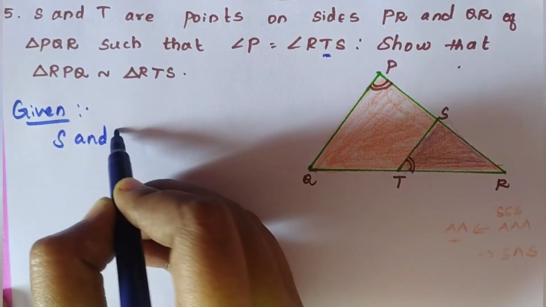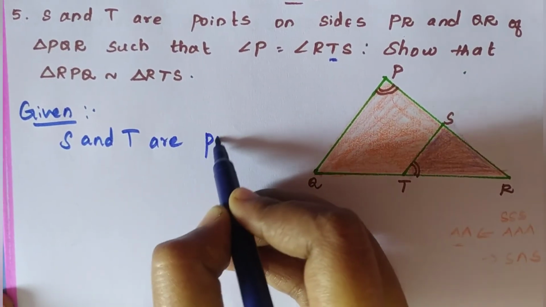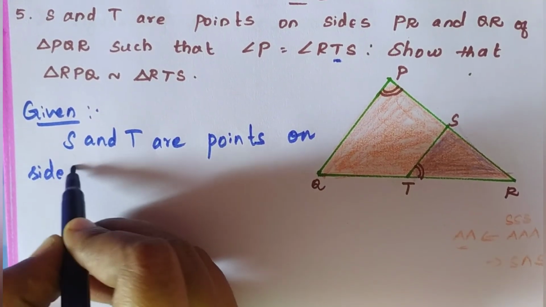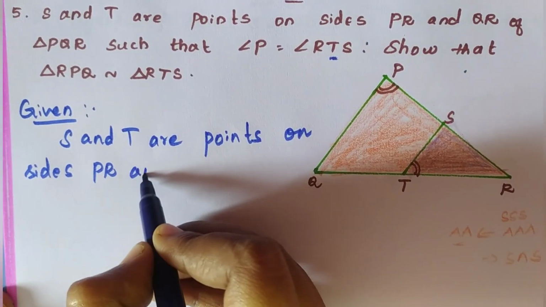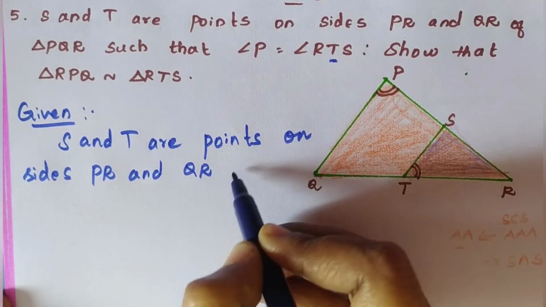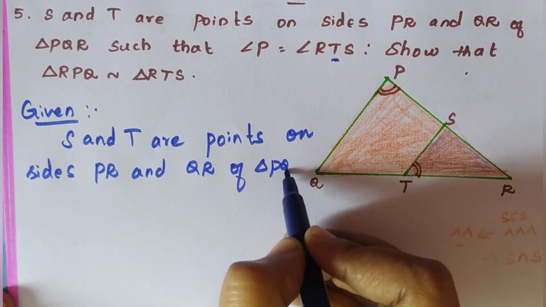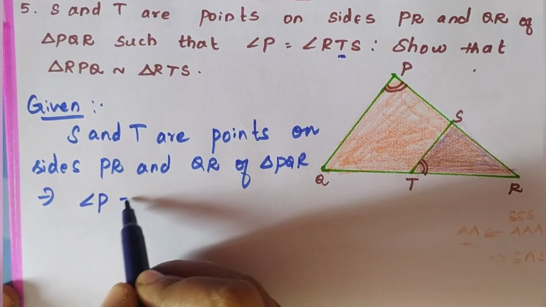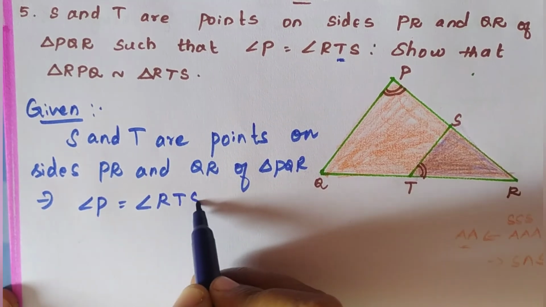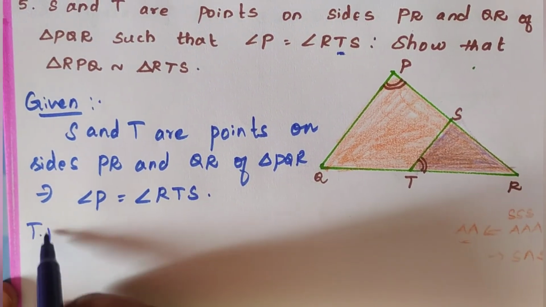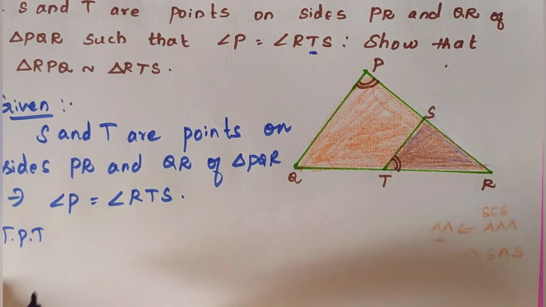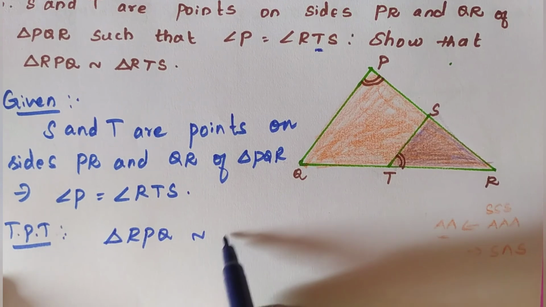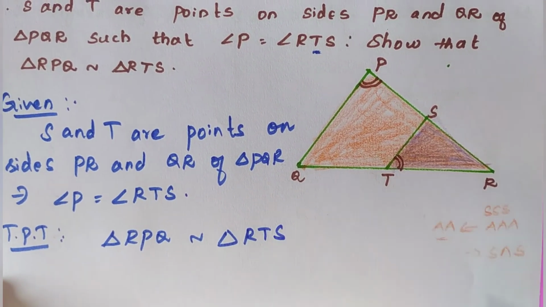Given: S and T are points on side PR and QR of triangle PQR such that angle P is equal to angle RTS. To prove that triangle RPQ is similar to the triangle RTS.